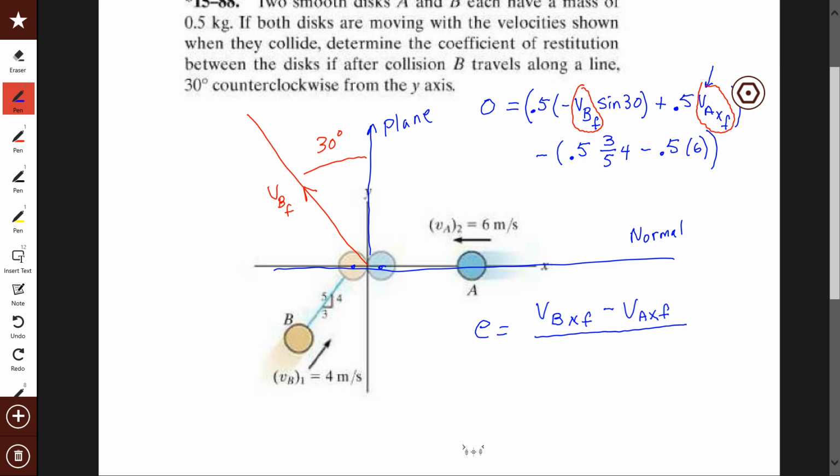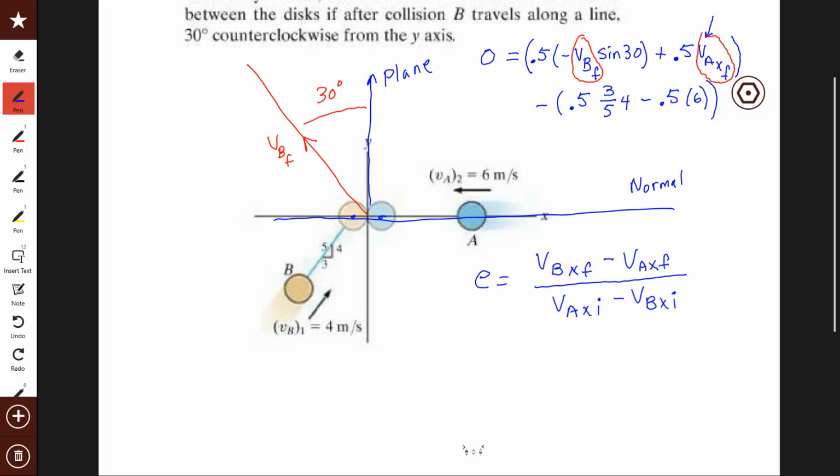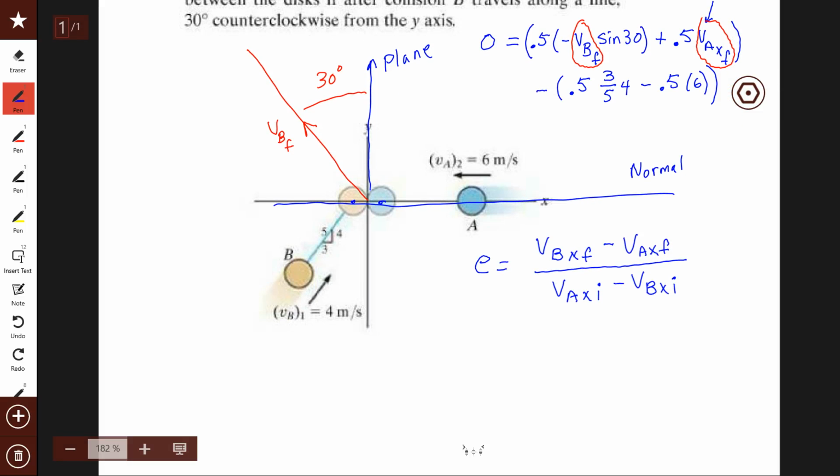If you started with B before, then start with A. So this would be the velocity of A in the x direction initially, minus the velocity of B in the x direction initially. I think your textbook uses a negative in front, but it's essentially the same equation. However you can remember it or put it in your notes.